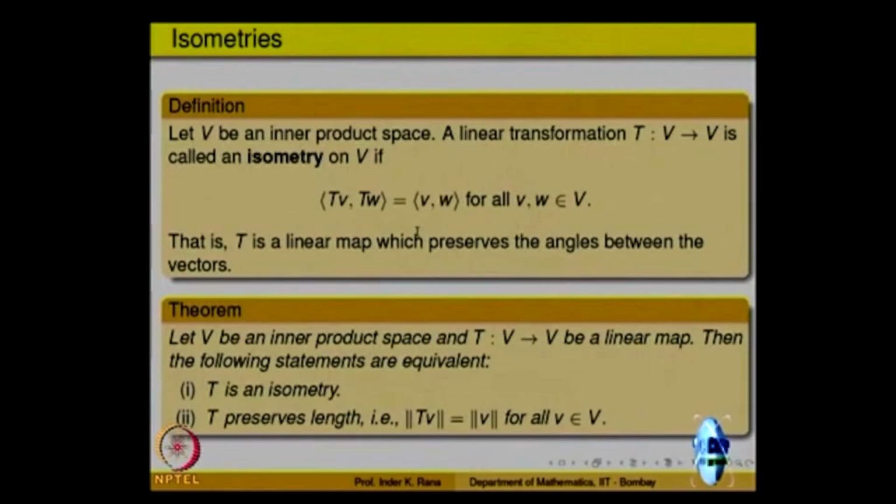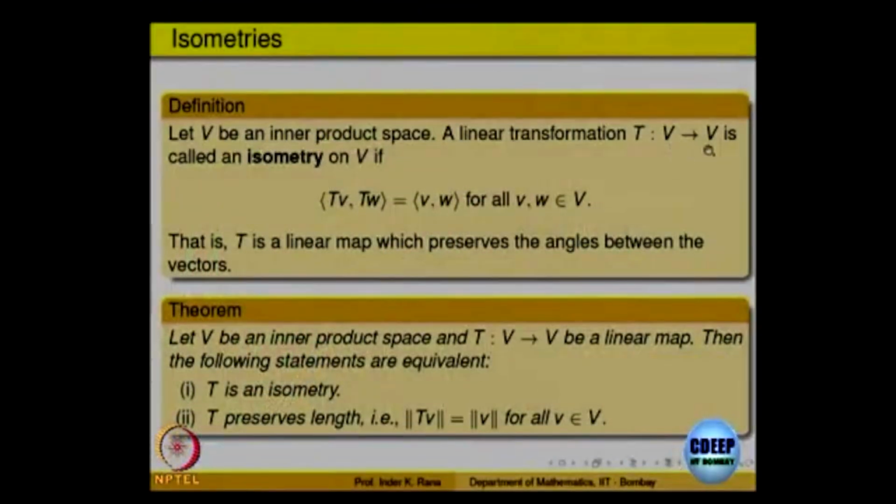Now, if you recall, we looked at linear transformations as maps from one vector space to another, or R2 to R2, such that they preserve collinearity, they take lines to lines. Now on vector spaces we also have the notion of inner product, because they are all subsets of some Rn.